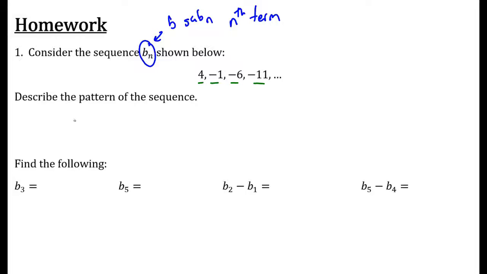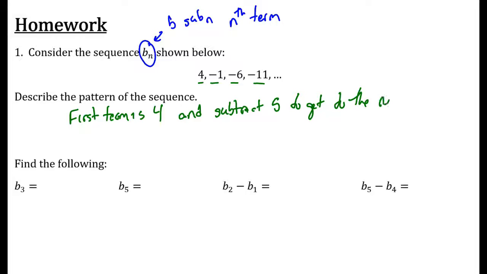So the pattern is: start at 4. The first term is 4. And subtract 5, or add -5, to get to the next term. We keep subtracting 5 to get to the next term in this sequence.